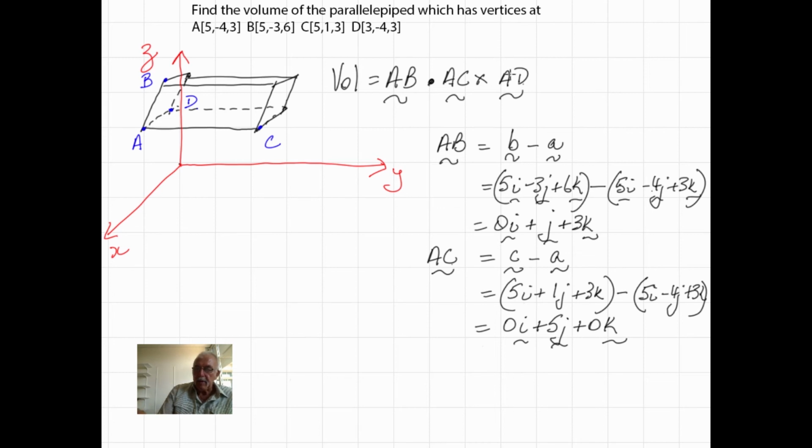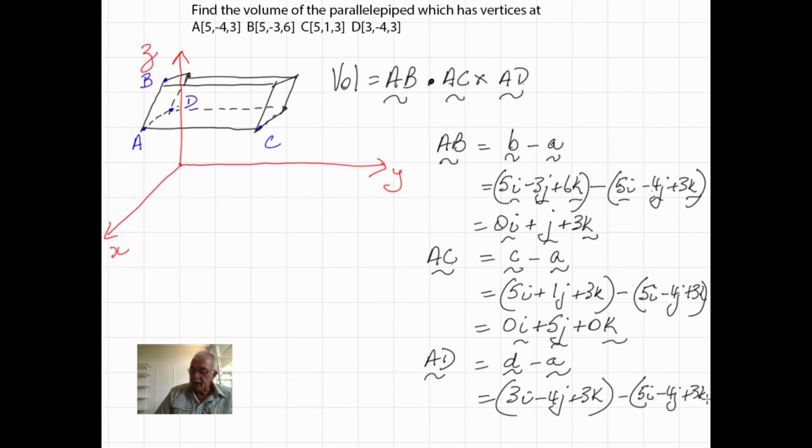And finally we've got AD to calculate. Vector AD would be vector D minus vector A. Vector D up here will be 3i minus 4j plus 3k. And from that we've got to subtract our vector A again, so that'll be 5i minus 4j plus 3k. 3 minus 5 will be negative 2i.